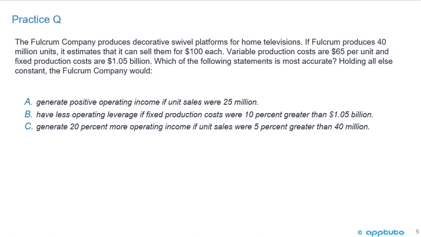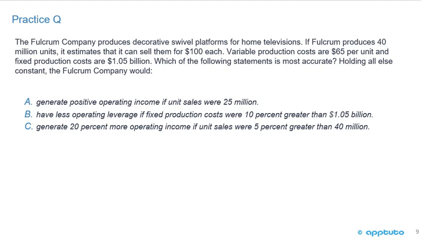The Fulcrum Company produces decorative swivel platforms for home televisions. If Fulcrum produces 40 million units, it estimates that it can sell them for $100 each. Variable production costs are $65 per unit, and fixed production costs are $1.05 billion. Which of the following statements is most accurate?